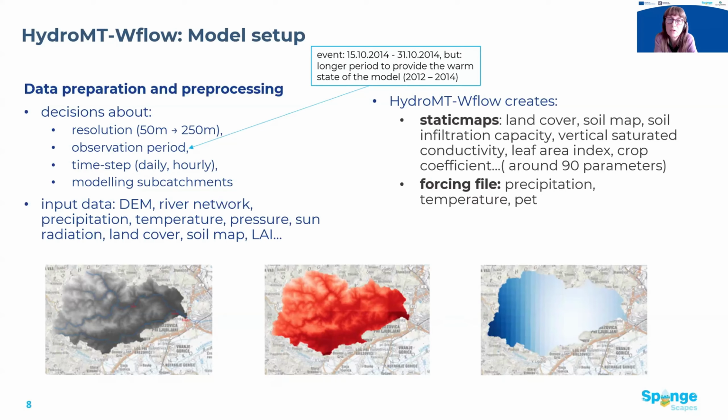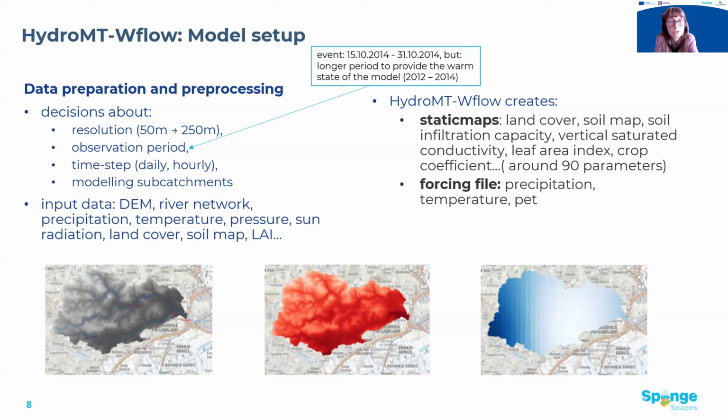So although we modeled this 2 weeks event in October 2014, we needed a longer period to provide the warm state of the model, and we decided for the 2012 to 2014 period. We have chosen hourly time step, and the modeling of sub-catchments is under question right now.